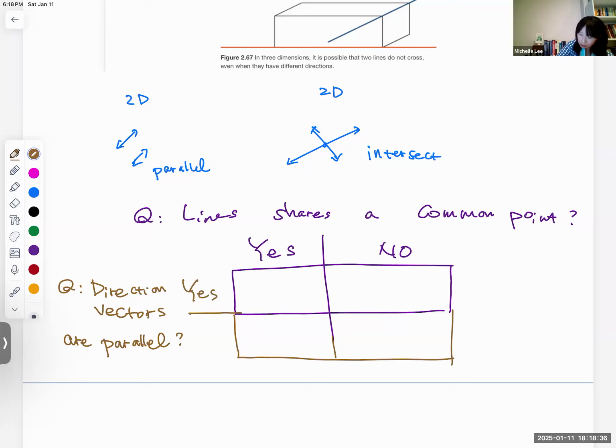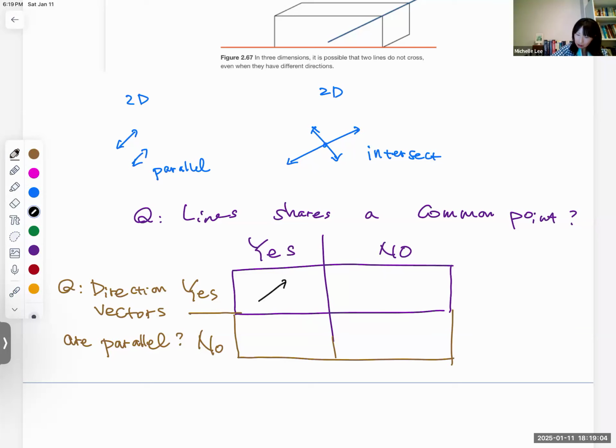Yes, no. So basically, lines share a common point, yes, and direction vectors are parallel, yes.